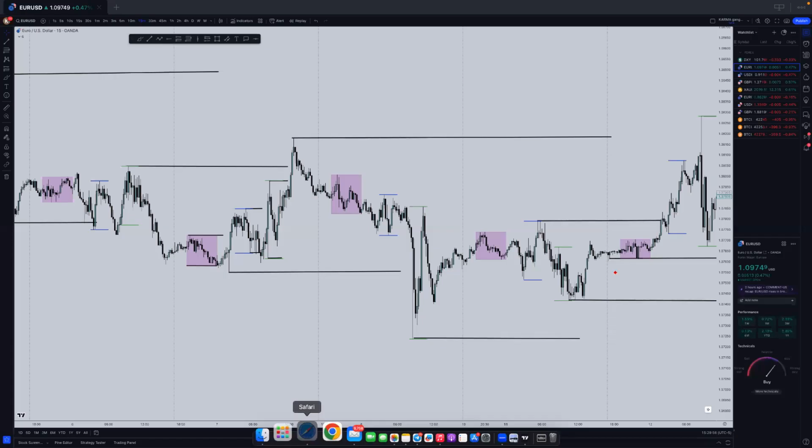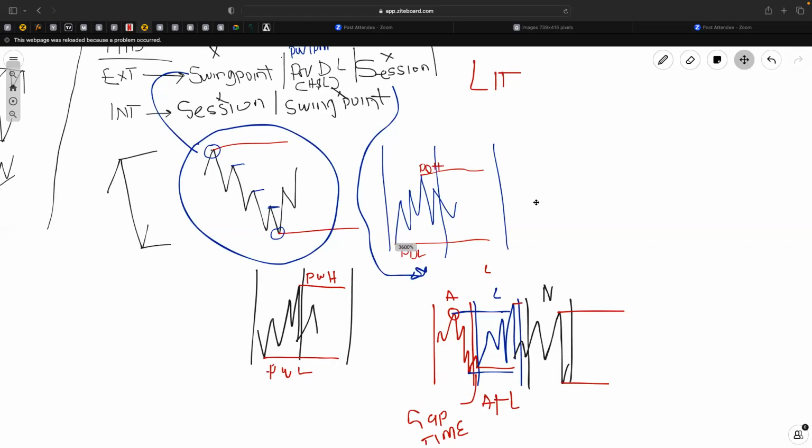So now, going back to my board, let me explain. Let me talk about what liquidity is and why, because if you understand the logic behind liquidity itself, then you'll understand why we are trading it this way.